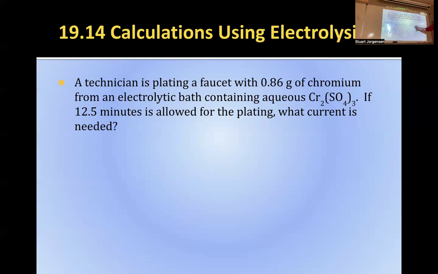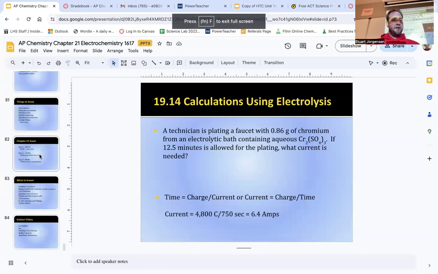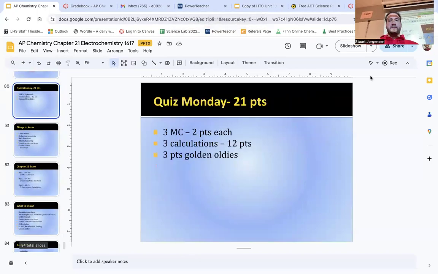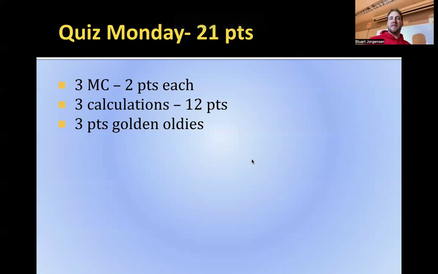We've got some additional sample problems on the back of the handout from yesterday. So questions 5 through 14, answers are all on there. Monday, quiz in class. Your brain, your pencil. I want to see how we're doing. I shortened it because of the eclipse. Eclipse on Monday, that's why I will not be here. I'm taking the boys. It's 3 multiple choice, 3 calculations, 3 golden oldies.